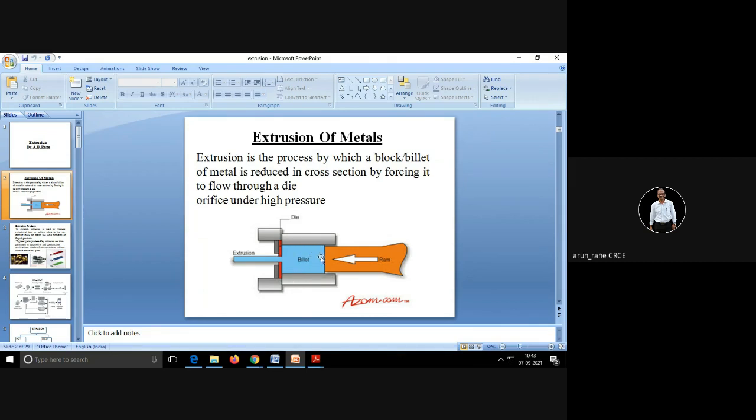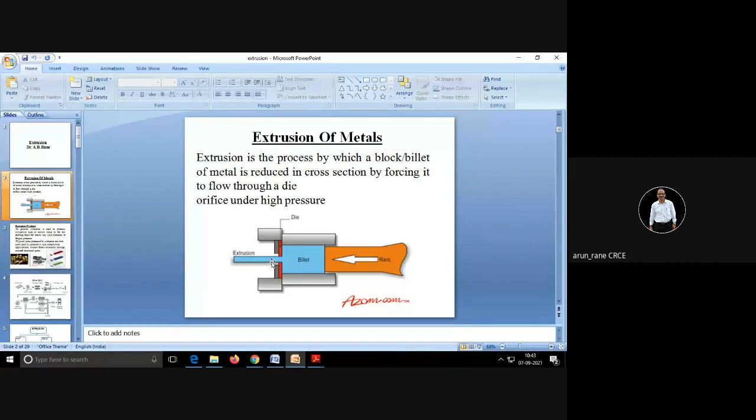So the billet is loaded inside this cylinder, and then it is pressed by the ram, mostly by hydraulic actuation, and then there is a die of the desired shape. Suppose you want a circle, then the cavity in the die will be a circle. If you want a hard shape, then the cavity inside the die will be that shape.